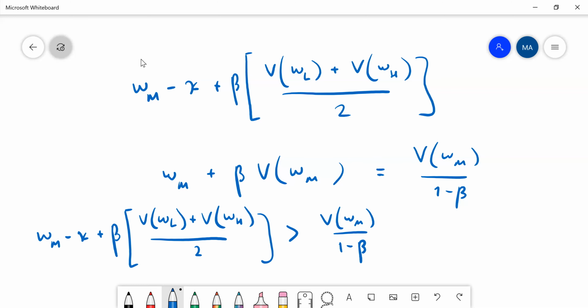That's the only meaningful way of deciding on whether we search or not. So what does this require? Let me write it again.